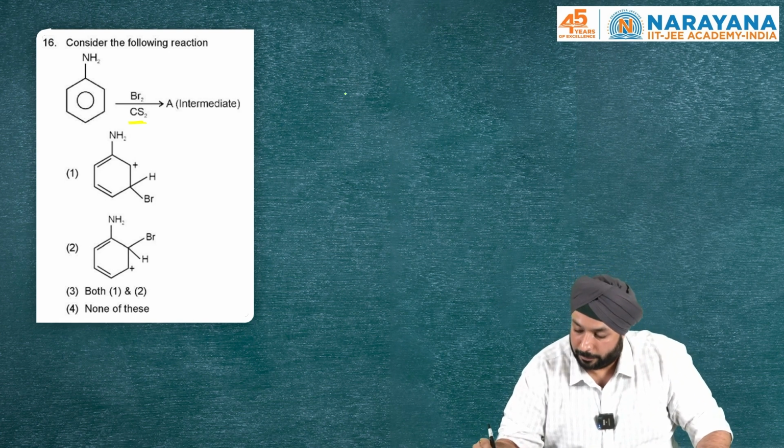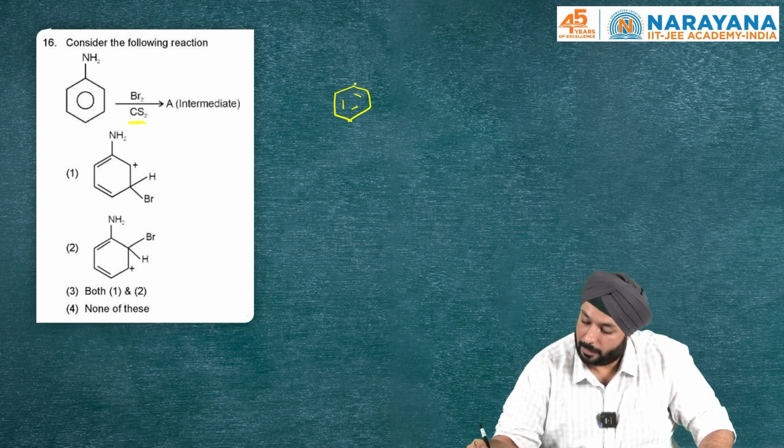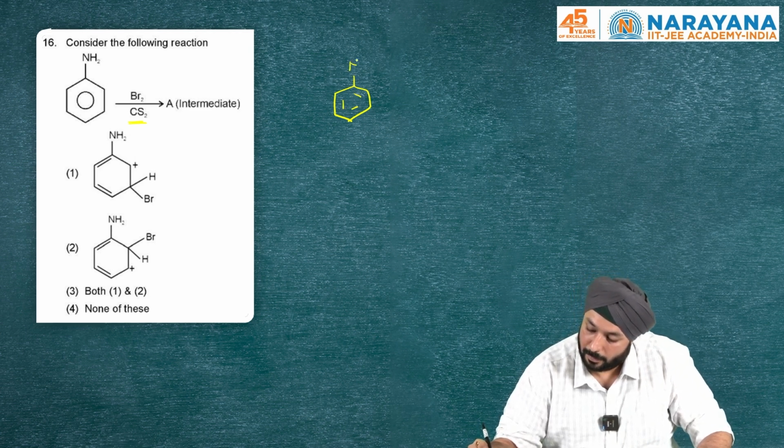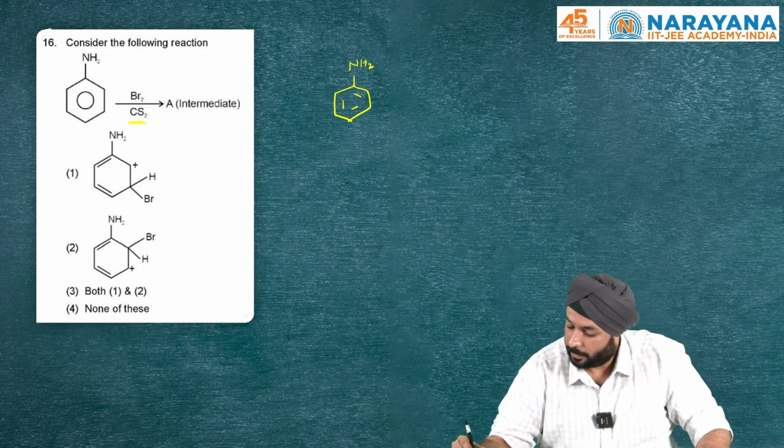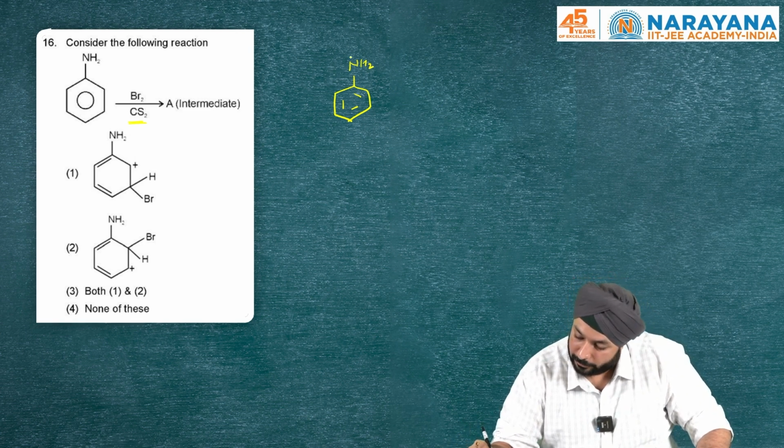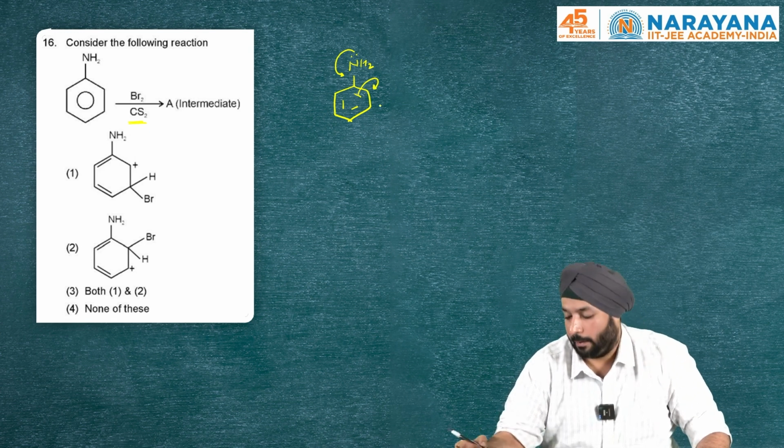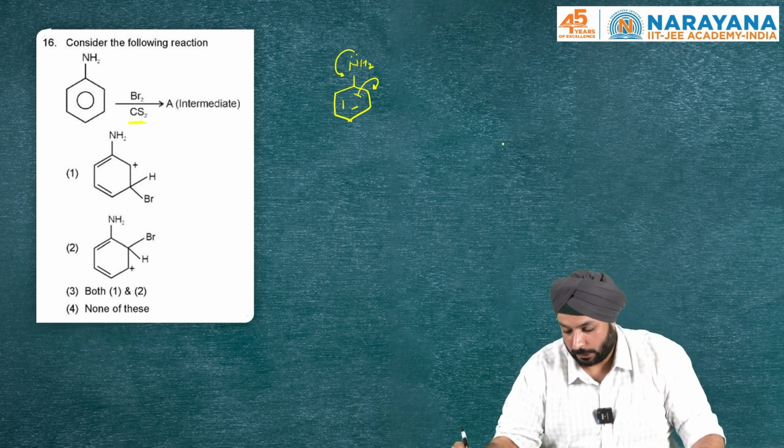So here nitrogen will give the lone pair, and this ortho carbon will have a negative charge, right?